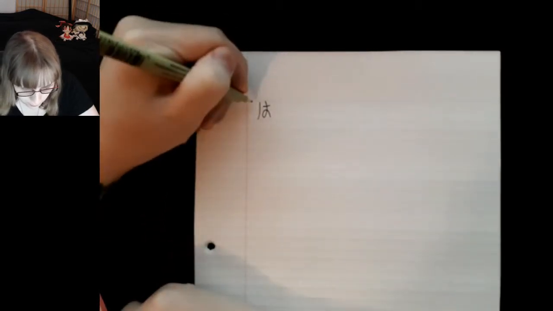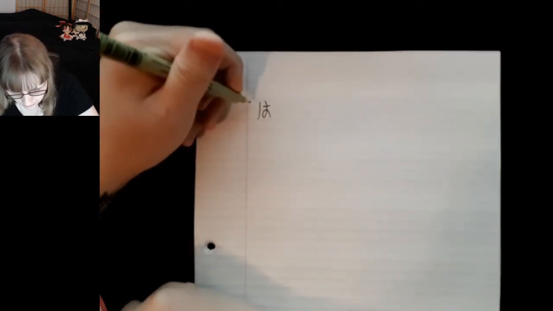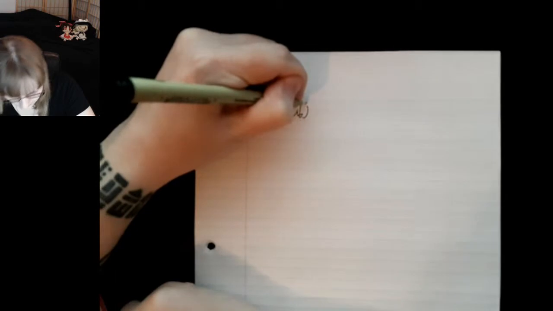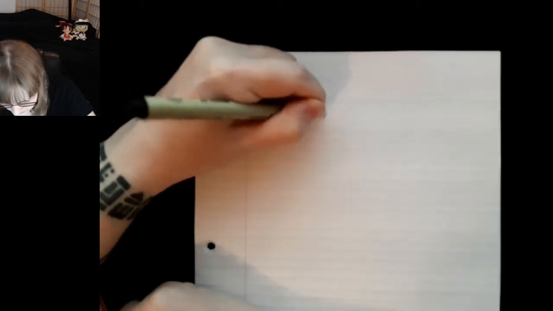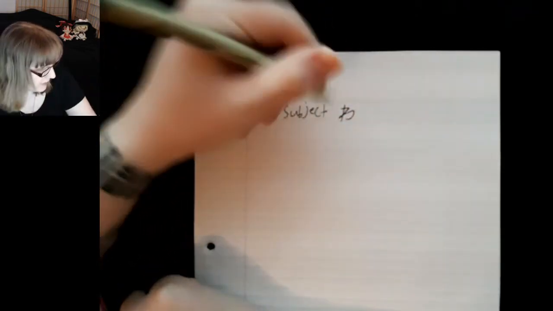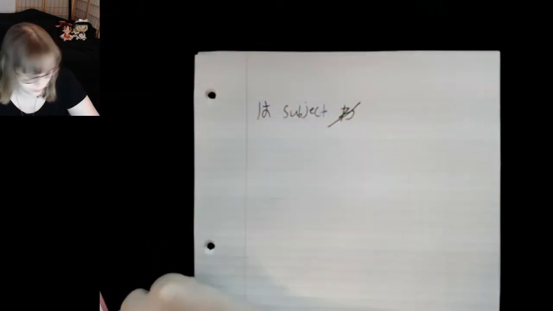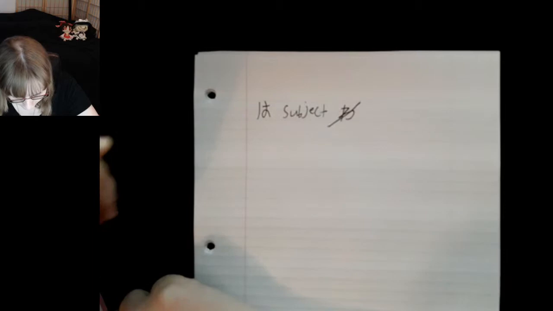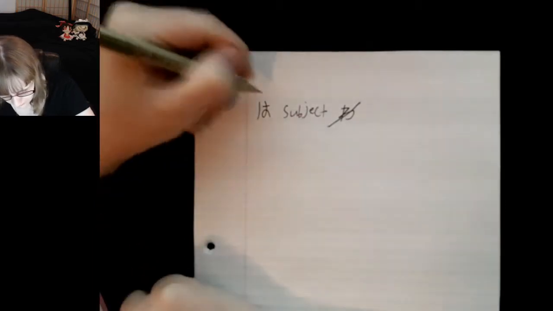So, the wa particle, as I said before, deals with the subject. It isn't to be confused with the hiragana for wa. We write it with ha and not wa.